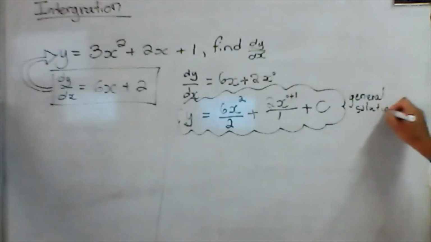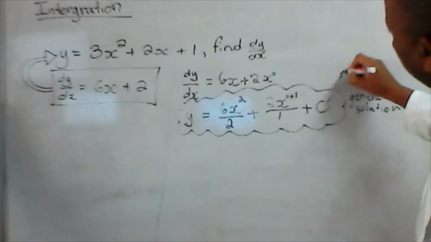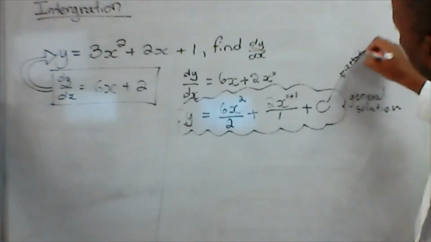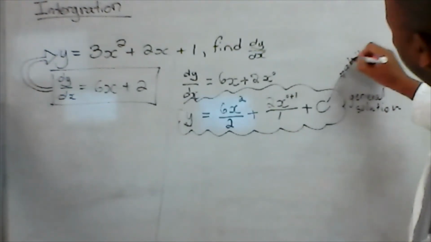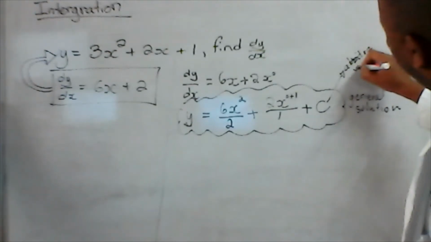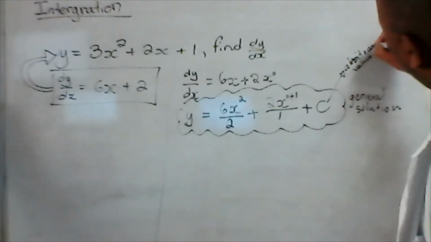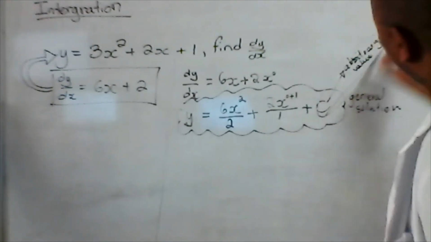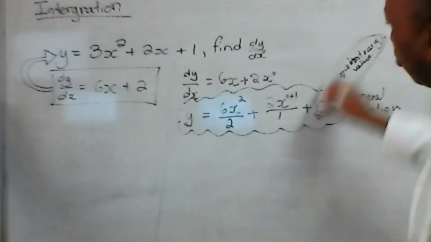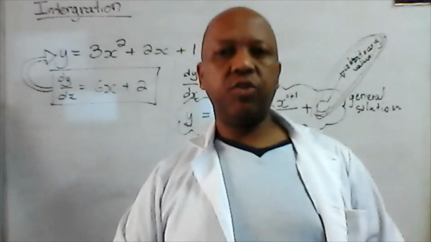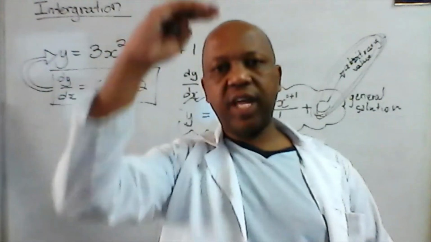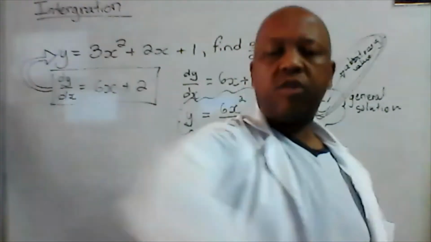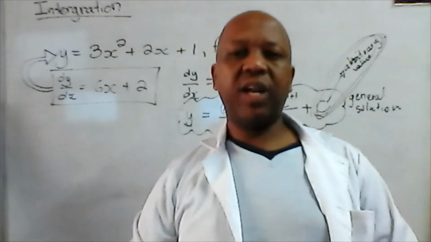And the reason why is because of this constant here, this arbitrary value of c. This whole value here represents all the y values that the graph intercepts as it is swooping through a two-dimensional plane.